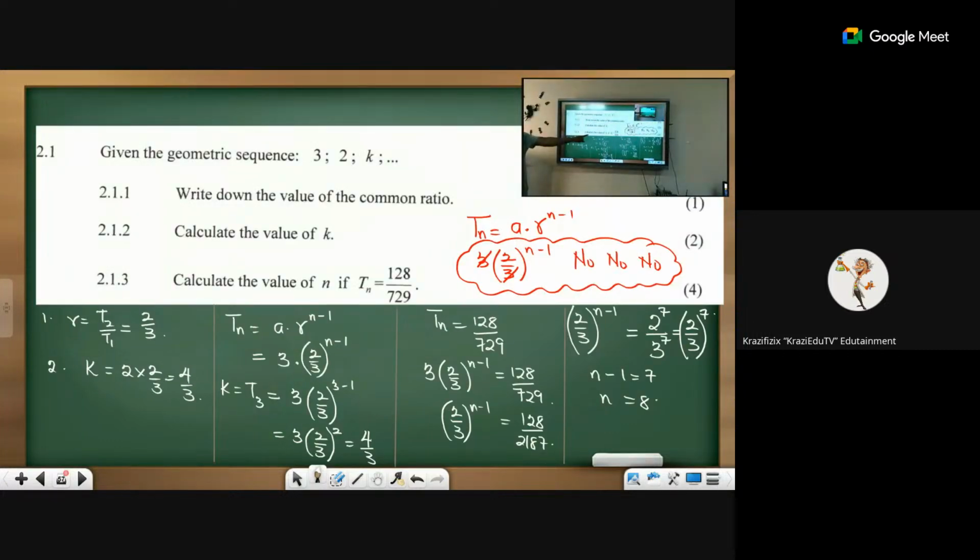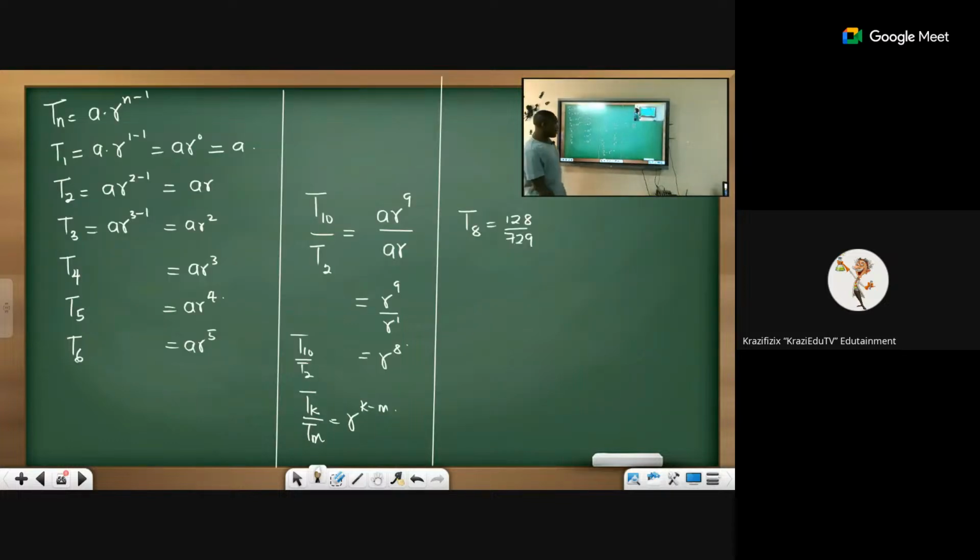T8. What is T2? 2. Let's find R. T2 is what? 2. What is R? I'll just come and say T8 over T2 is what?